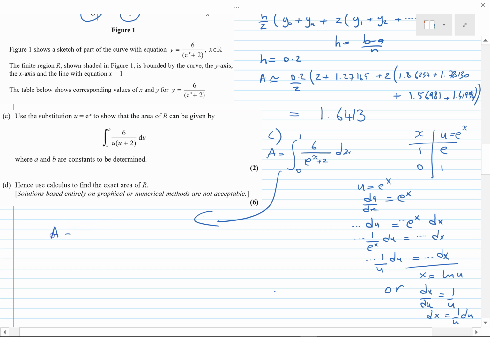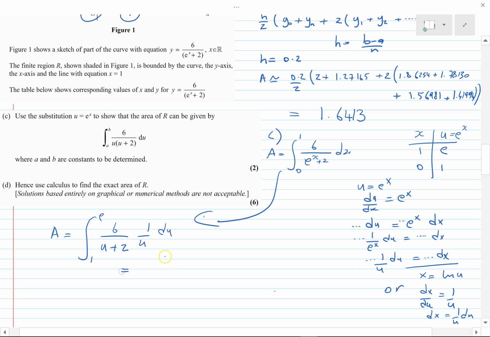Anyway, so we've got dx, so let's bring this over here, run out of space. So we've got the area equals the integral from 1 to e, now we've already changed the limits, of 6 over e to the x plus 2, now e to the x is u, so u plus 2, times dx, which is equal to 1 over u du. So basically that's it.